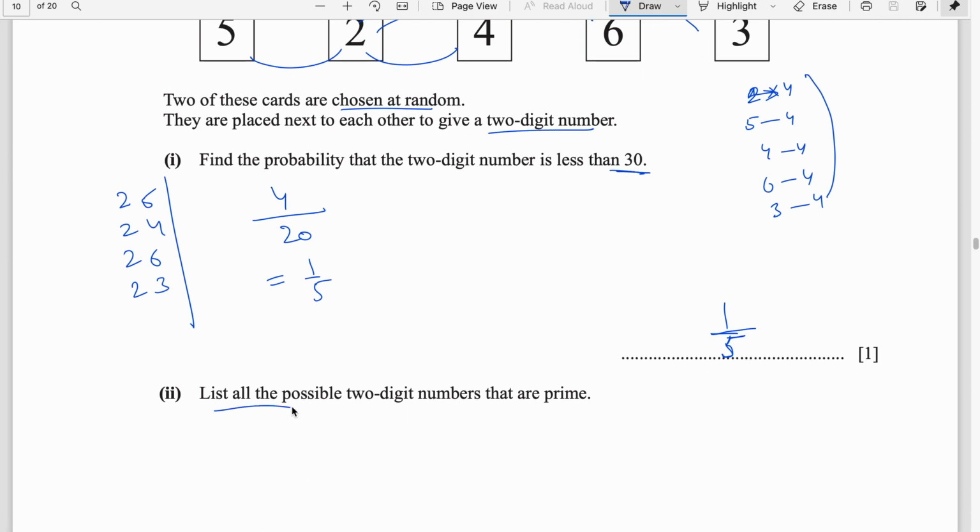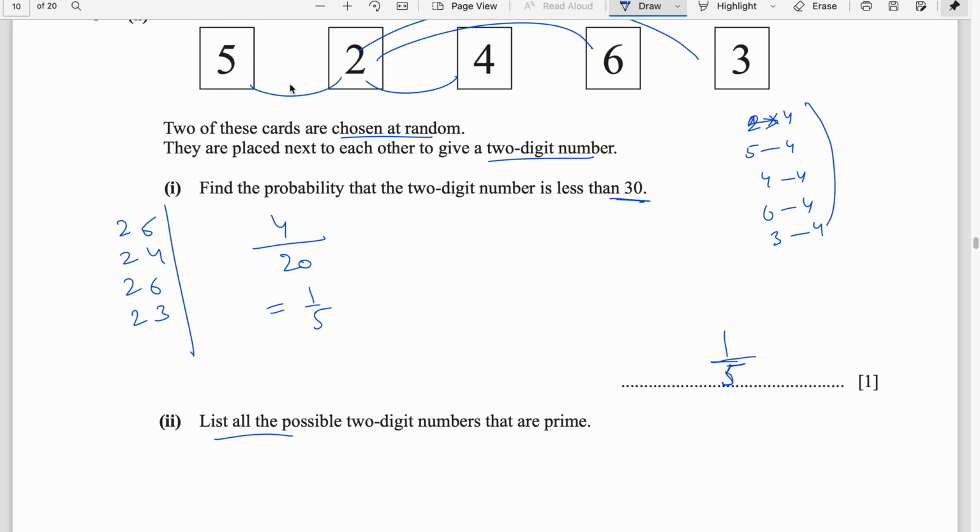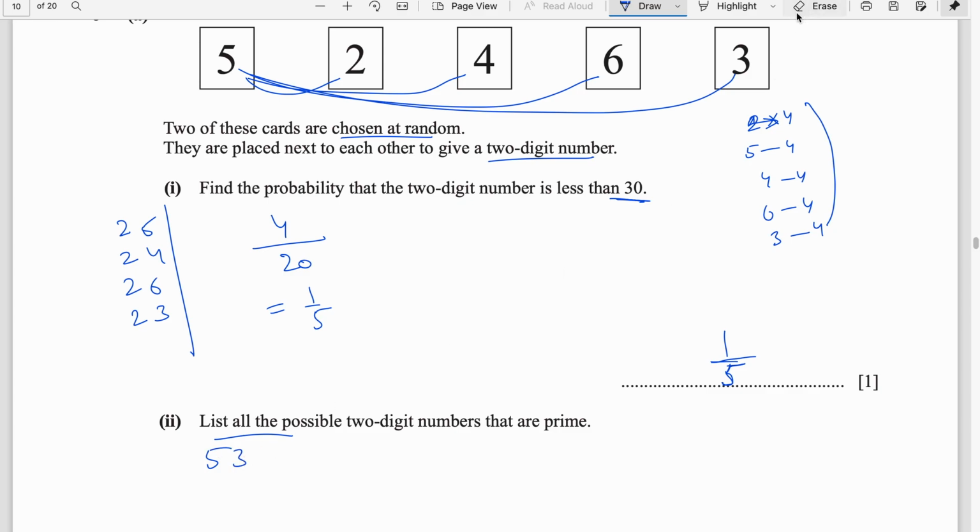Now it says list all the possible 2-digit numbers that are prime. So just look at them. Let me clear the space and see if it is prime. Now 52 is not prime. 54 not prime. 56 not prime. 53 yes, so 53 is a prime number.